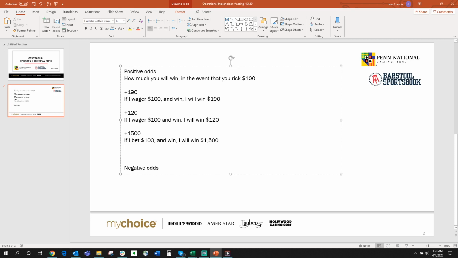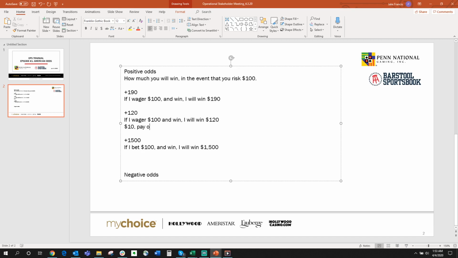Now what's important to note here is you can bring the decimal to the left or to the right, and the same principle holds true. So let's just take this plus 120 for example. If instead of wagering 100, I bring the decimal point to the left and I wager $10, well, that stands to pay out $12 in that case.